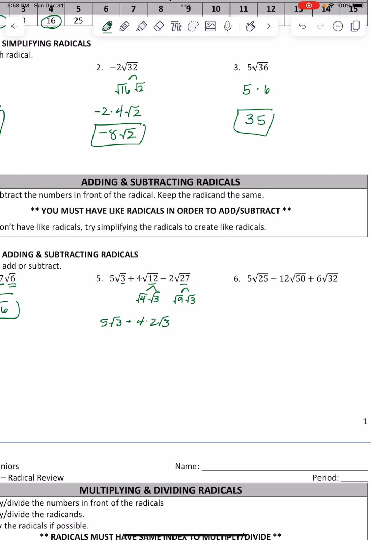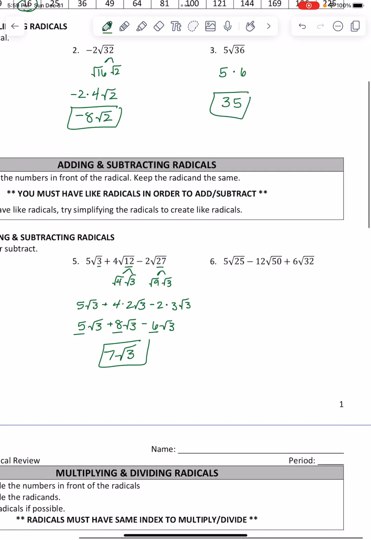Square root of 4 is 2. Square root of 3 minus 2 times, and then square root of 9 is 3, and then square root of 3. So as we simplify this, 4 times 2, so plus 8 square root of 3 minus 6 square root of 3. And if we combine these now, 5 plus 8 is 13, minus 6 is 7 square root of 3. So that's what we're working with there.